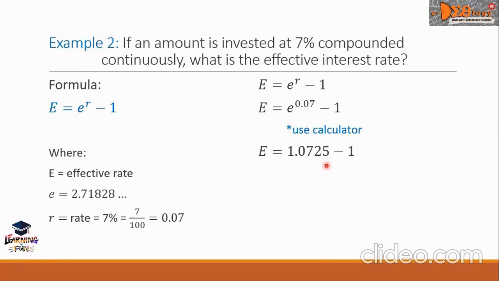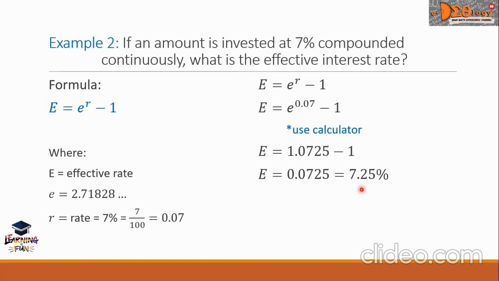We will subtract this decimal with that constant 1, and the answer is 0.0725. Let us convert this into percent. We will multiply by 100%, and the value will be 7.25%.